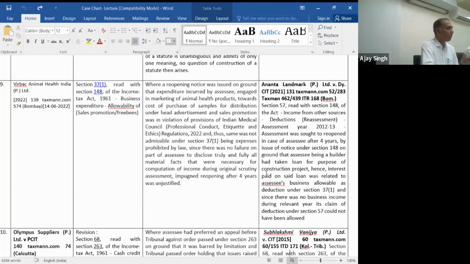The power of review is not available with the assessing officer. So in the garb of this new provision of reopening, if they try to review the decision, you can still rely on these decisions and explain that this has already been looked at, and just because there is information, they cannot reopen the assessment. In that context, I found this decision relevant.